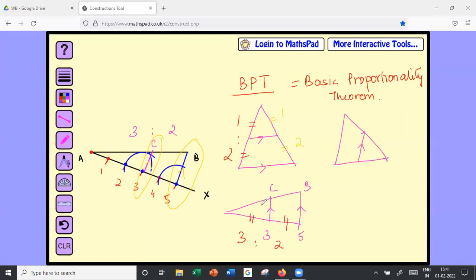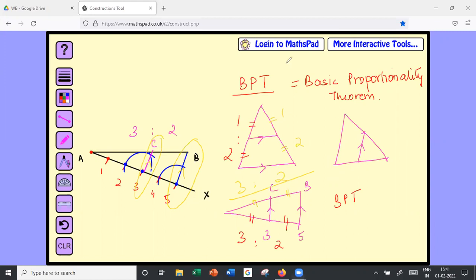So now automatically by BPT, this part has also become 3:2. That is all the justification there is. That's all you need to know whenever you are dividing a line: just one theorem, BPT.